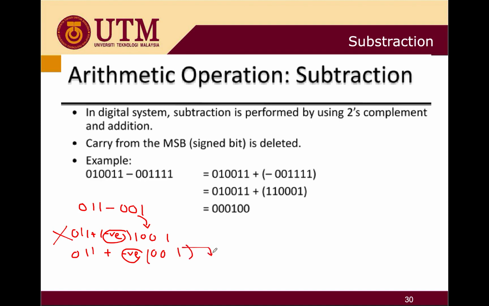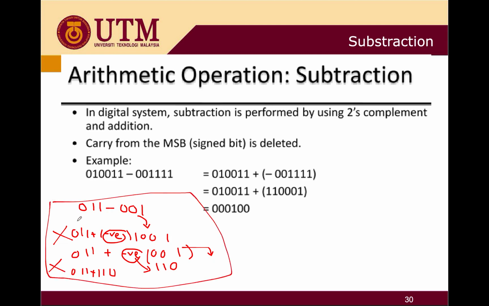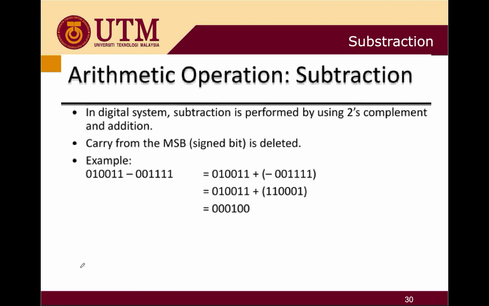If you change it into first complement, you will get 1, 1, 0. So negative will be like this. So you will get 0, 1, 1 plus 1, 1, 0. This method also you cannot use. So I show you what methods you cannot use, which is the sign method, and also the first complement method. But if you have the subtraction, you need to convert this number to be second complement. Then you just add.